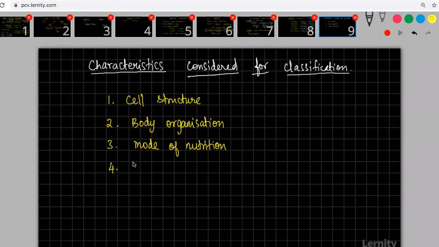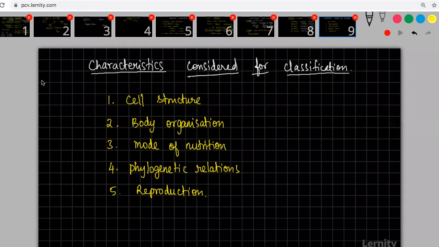The fourth thing is relations. And the fifth one is reproduction. So this person Whitaker was trying to classify organisms based on these five properties.